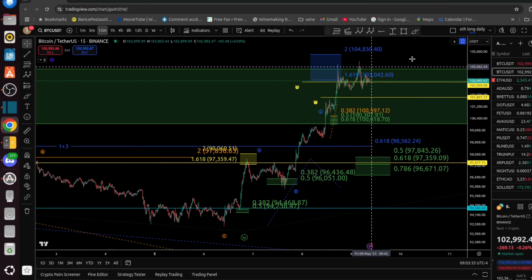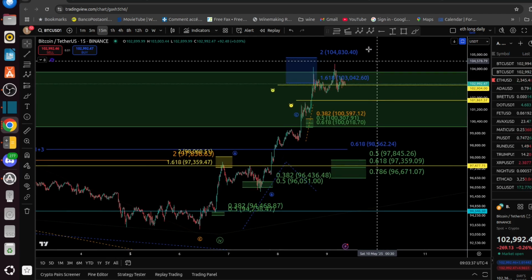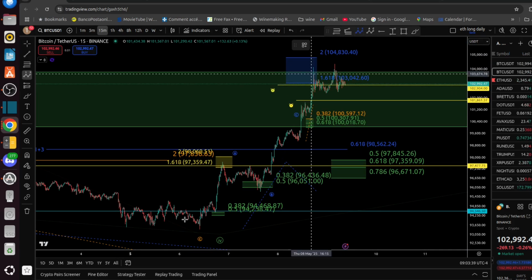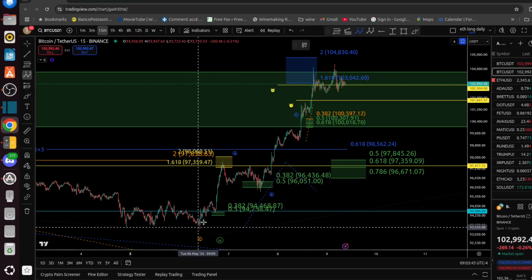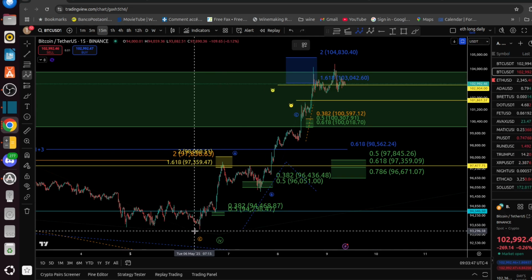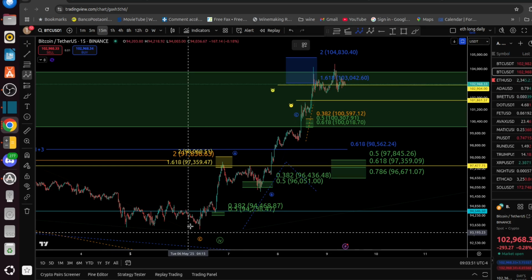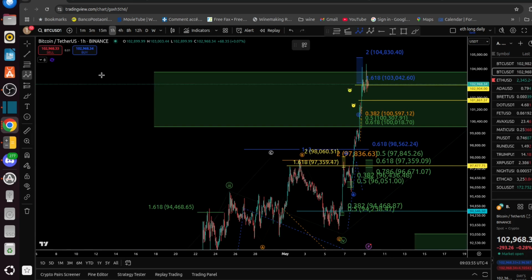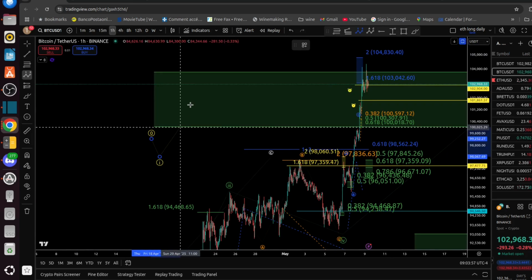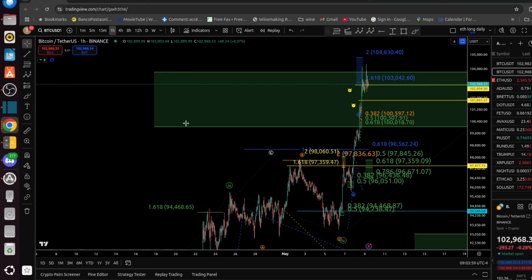But now I feel that I could just say, let me check here. Let me zoom out a little bit. Can this just be a 5 wave and that's it? Oh yeah, it's right, I selected that one.